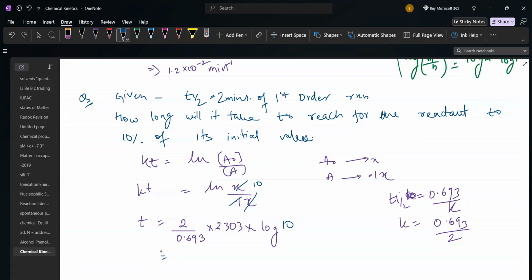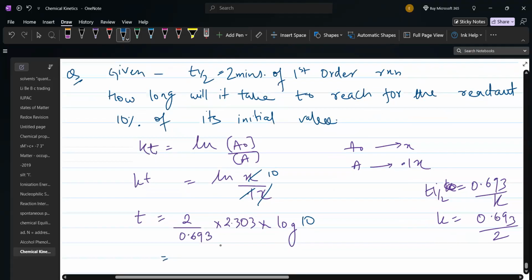Done? Please look onto the screen. Are you done till here? So when you solve this, you will get 2.303 and this value is 1, right?